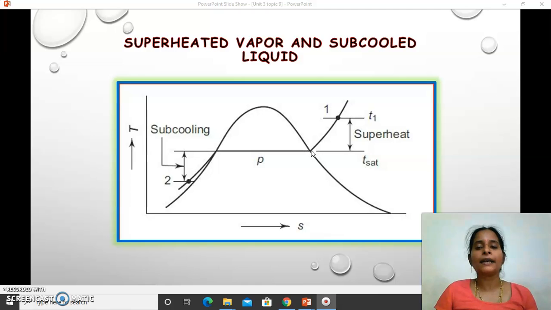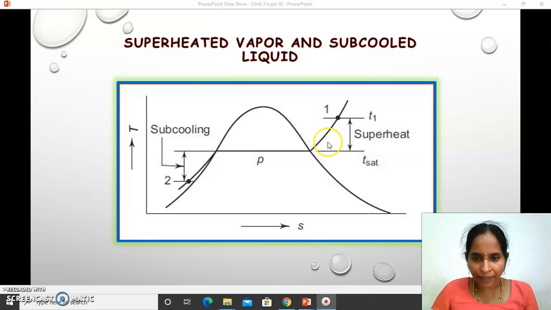An enormous amount of work can be delivered by that steam because of the higher volume and expansion possible. So if, for the given pressure, the temperature of the steam is higher than the saturation temperature, then it is called superheated steam.